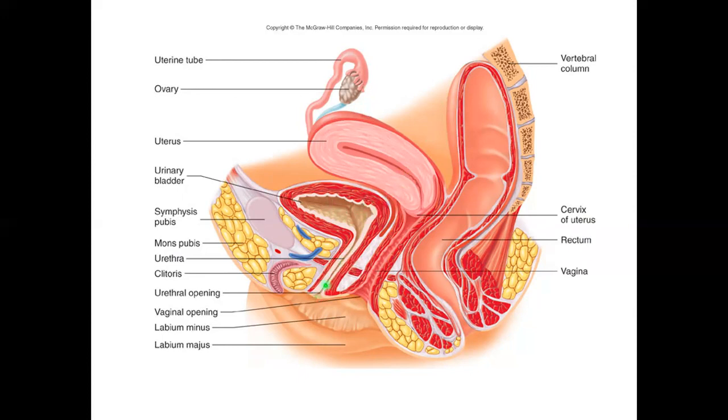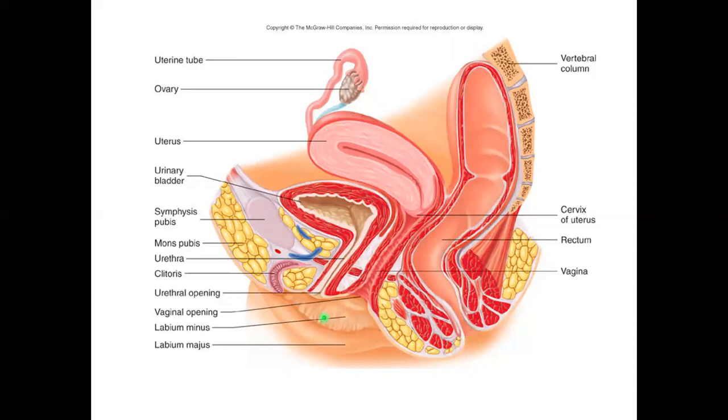Look at how short that urethra is compared to the men's urethra. And notice that the urethra is right here, and then we have the vagina leading to the uterus, and then the anus. And so it's more common for women to get urinary tract infections because the urethra is so close to the vagina and the anus.